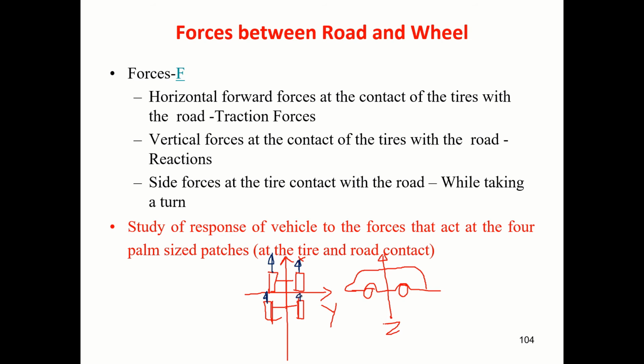Okay, you can see there will always be vertical forces. You are accelerating, also you are taking a turn. Let us say you are taking a turn this way, then there will be grip forces like this.